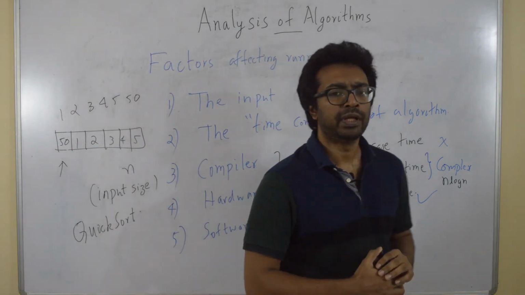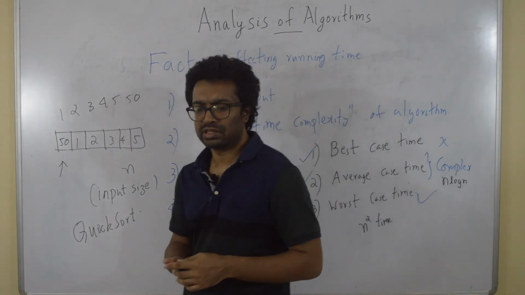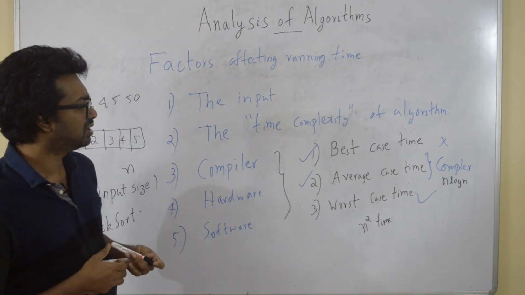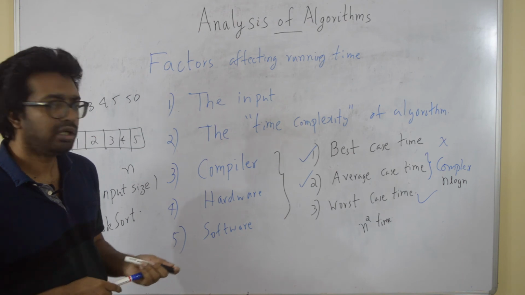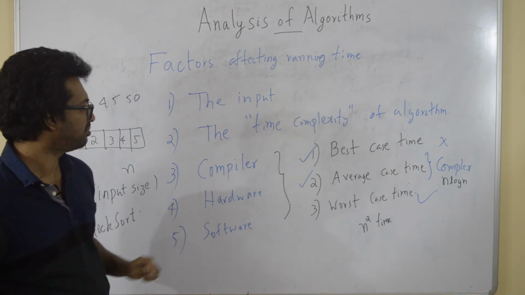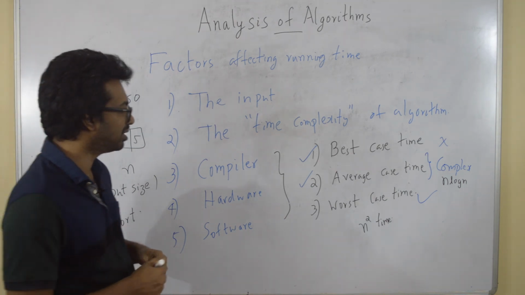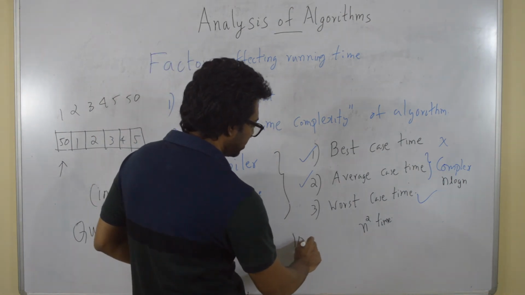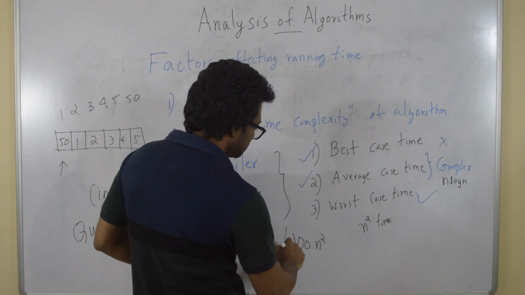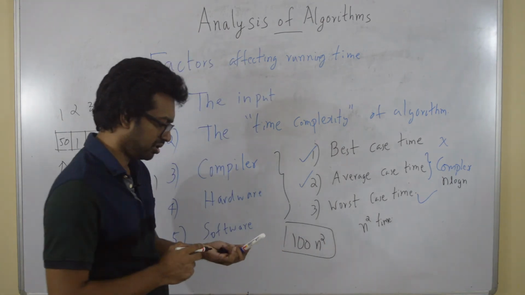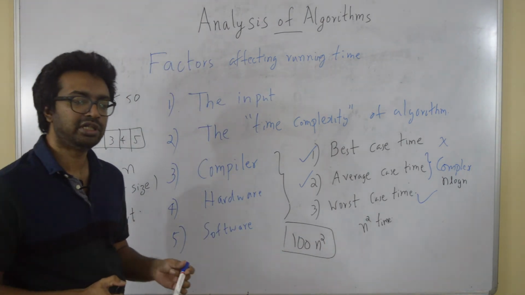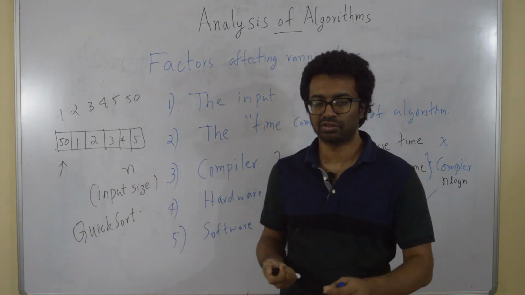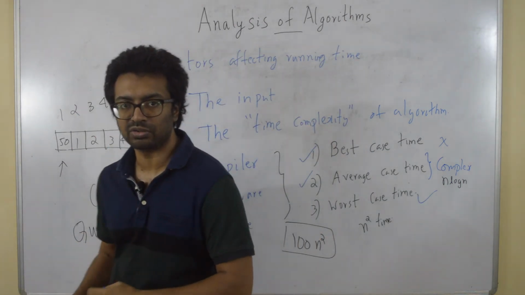Okay, so this is about time complexity. Next question: based on your machine, each algorithm might be taking something like, let's say, 100 n square time. For example, in your machine a particular instruction might be taking 2 nanoseconds, and in my machine it might be taking 5 nanoseconds.